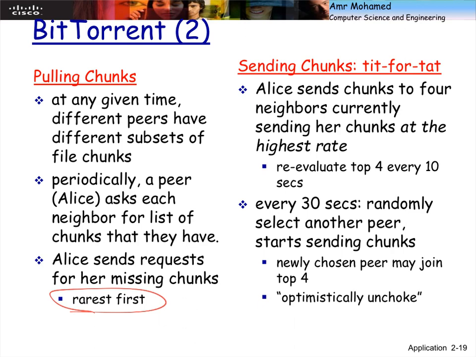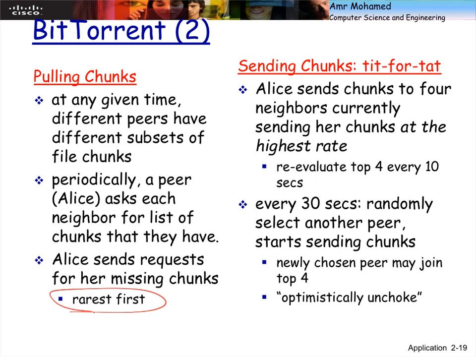These highest 4, you maintain; every 10 seconds, you have to re-evaluate this highest 4. And this highest 4 will be your first peers to target when it comes to sending or uploading chunks to them. In other words, you reciprocate. Whoever is giving you good service, you give them good service.